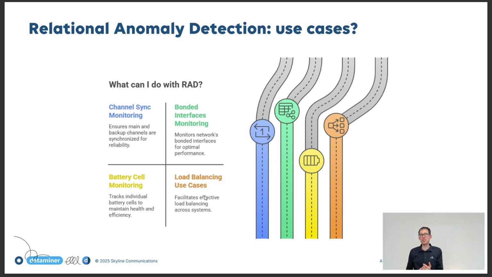This makes it very hard to set correct alarm thresholds because it's okay that sometimes cells have a higher voltage and sometimes their voltage is lower. But what's not okay is that some cells in the battery deliver a lot of voltage and other cells are almost not delivering any voltage at all, because that would mean that those cells are no longer functioning properly and that maybe they should be replaced. So here again, relational anomaly detection can be used to really track those parameters together.